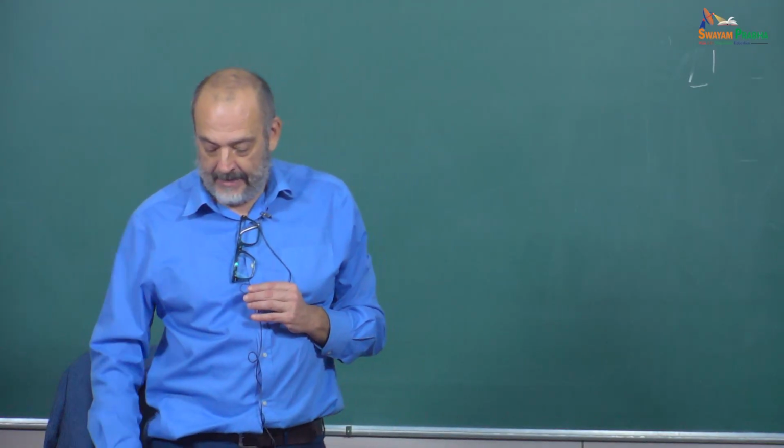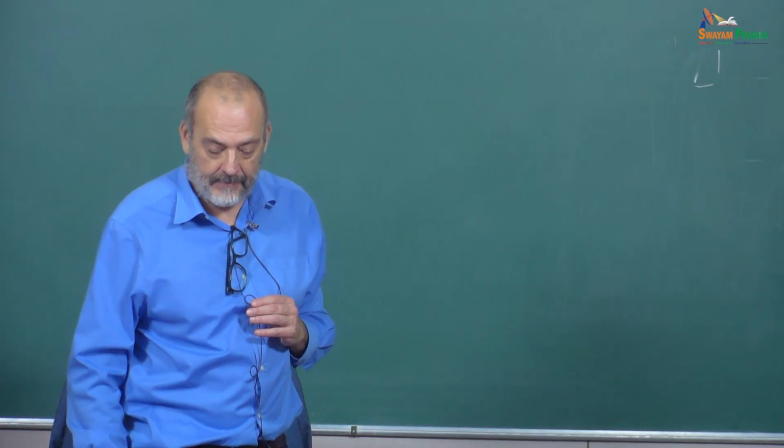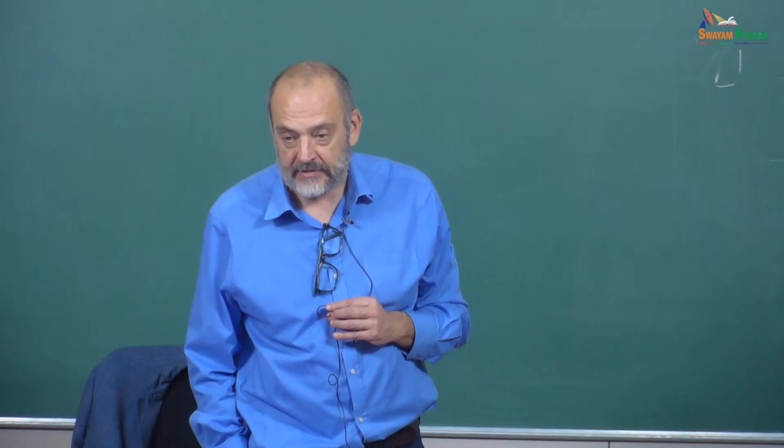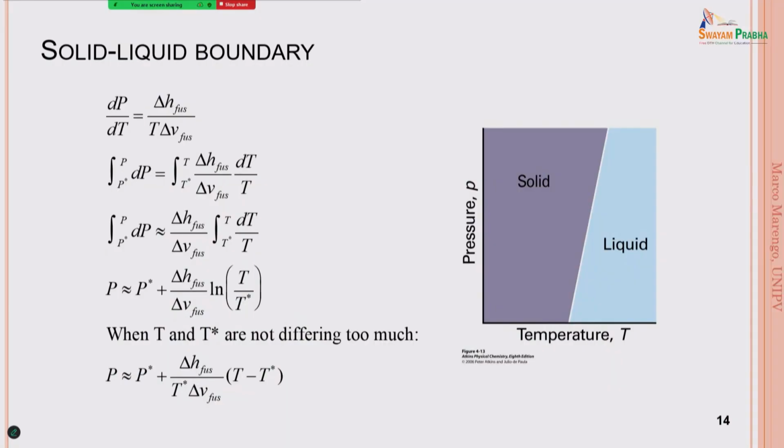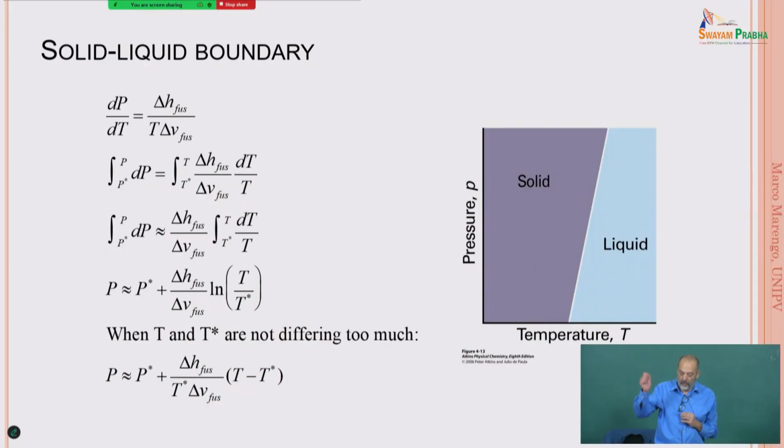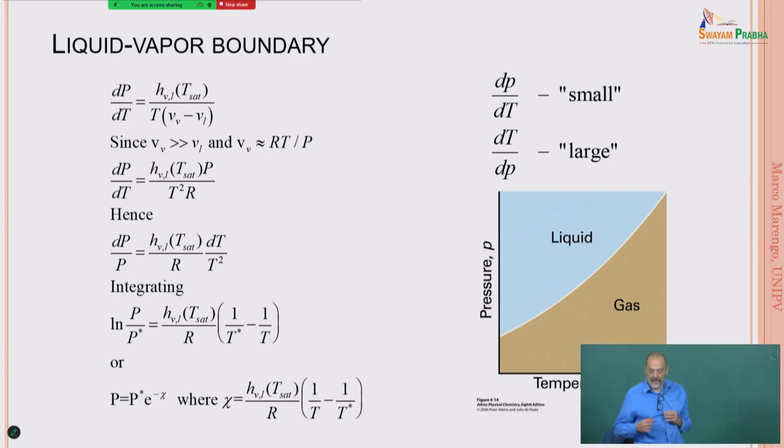Okay, and this is important because we can have this expression and, for example, simplifications. We can try to plot the solid-liquid boundary, the liquid-vapor boundary, and so on and so on.